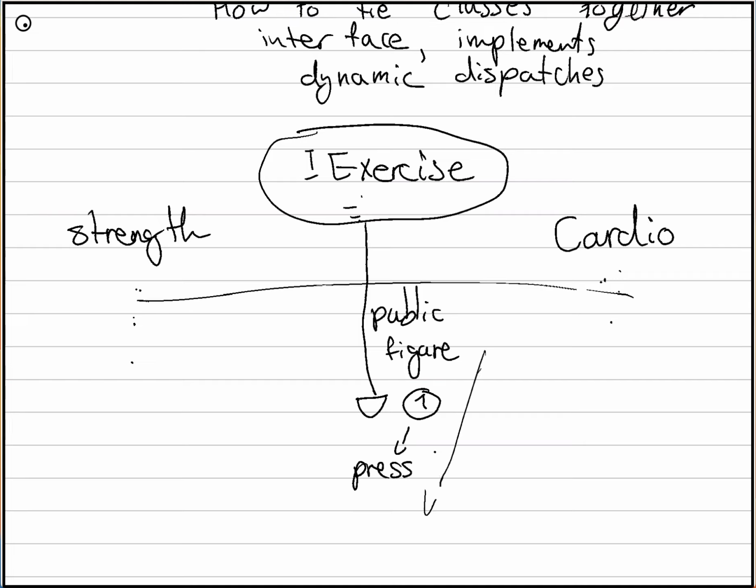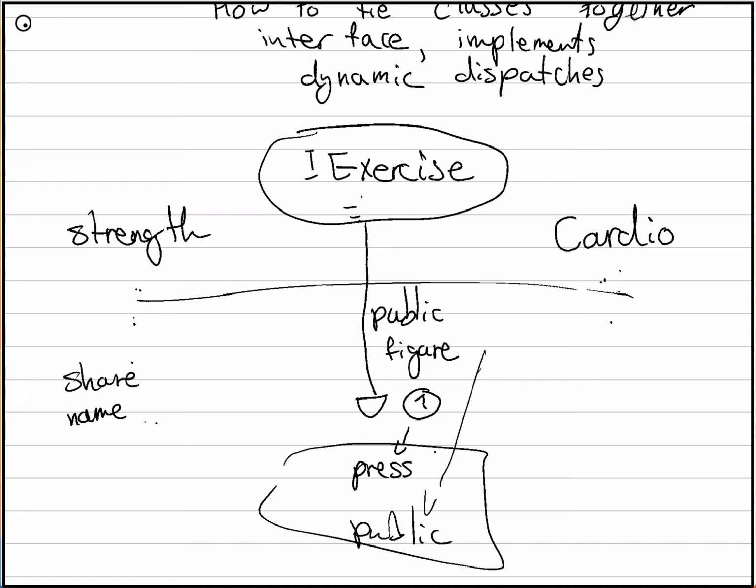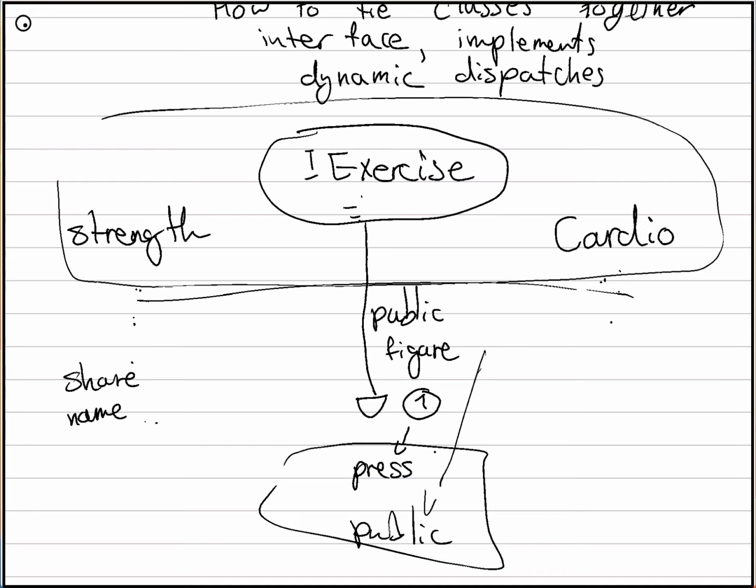It doesn't matter how many things you and your family have in common, or if you all share a name. What matters is, what does the public need to know about your entire family or corporation? That's what the interface needs to have.